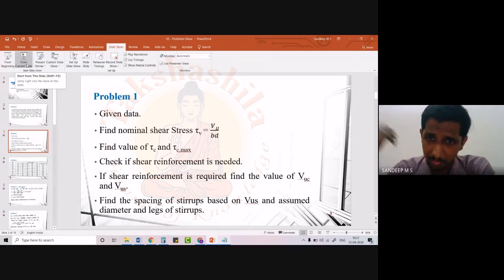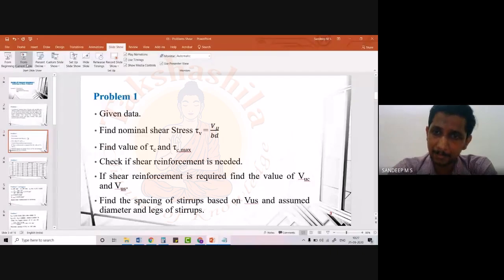If it is not needed, that is the condition is like tau v is less than tau c, we have to go with the minimum provision for minimum shear reinforcement. Else, if tau v is actually greater than tau c and tau v is again less than tau c max, we have to actually design for shear reinforcement. And in that case, we will be in need of calculating VUC as well as VUS, as we discussed now.